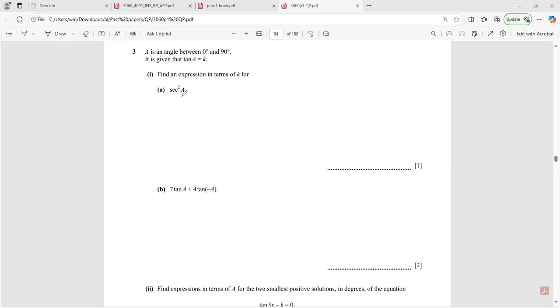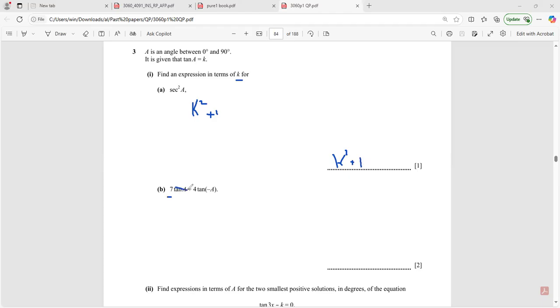So it will be the square root of K squared plus 1. So in terms of K, it will be the square root of K squared plus 1. Let's see the next here.